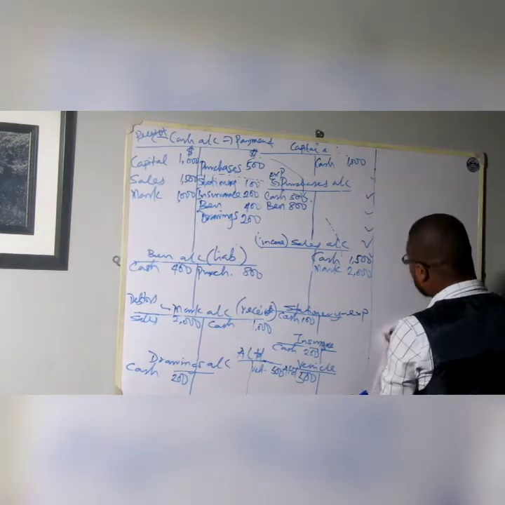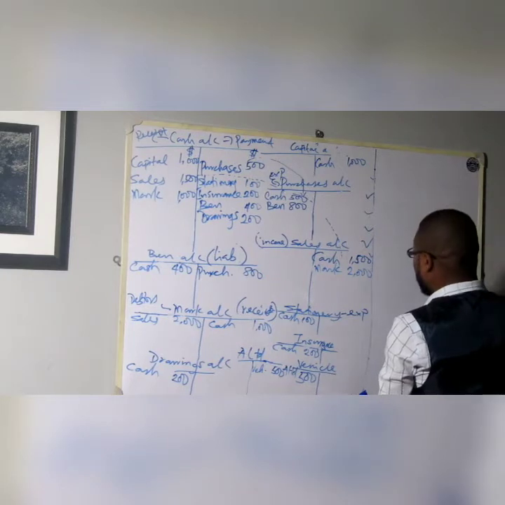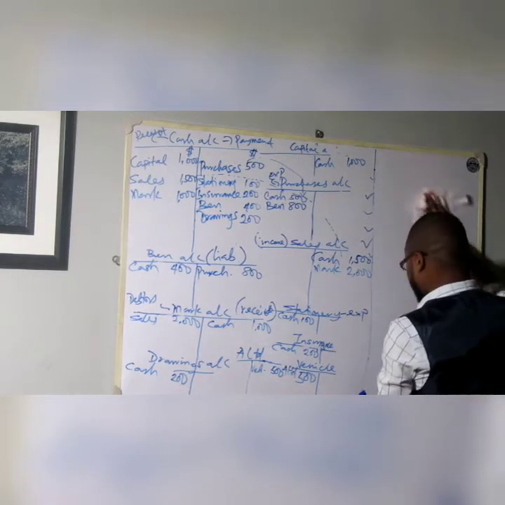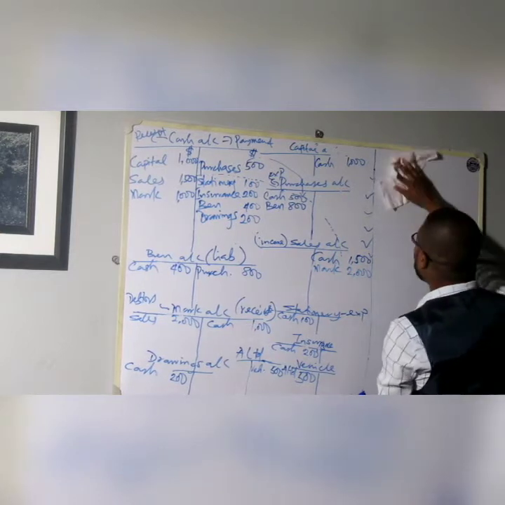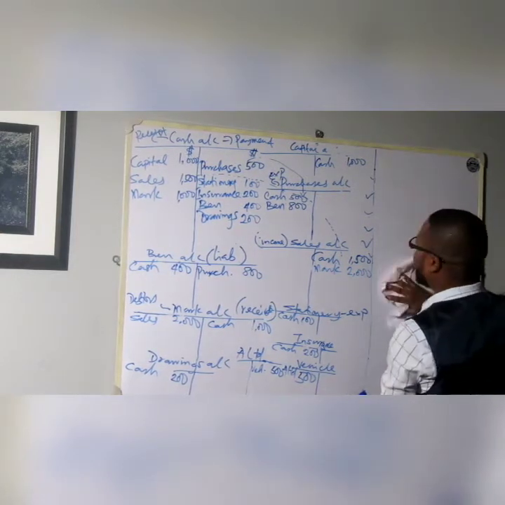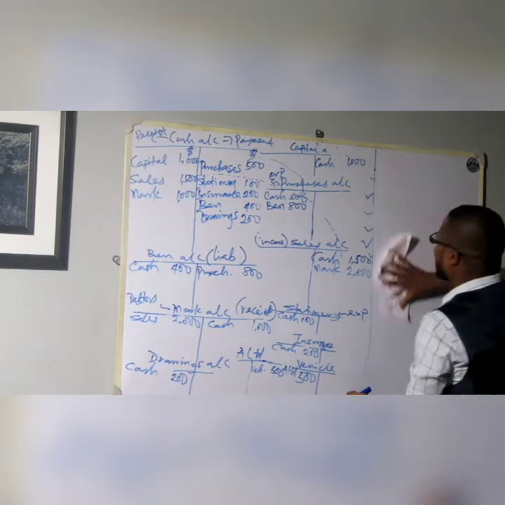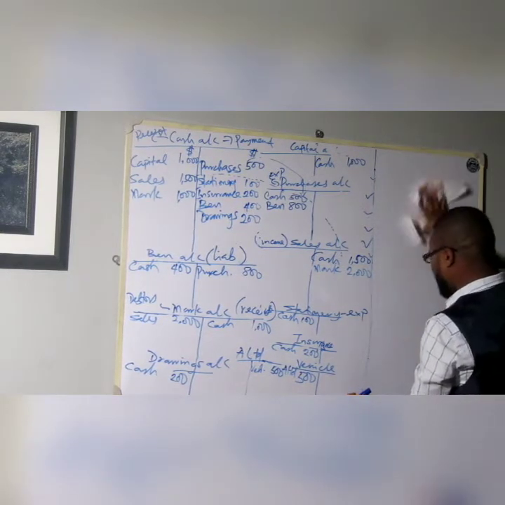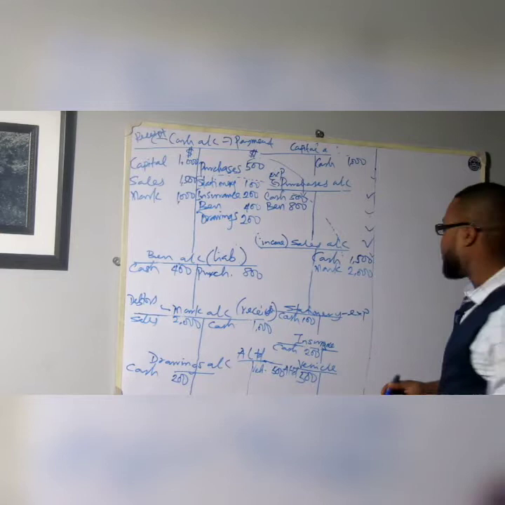It simply means that you must have a debit column and you must also have a credit column. As a reminder, this comes from the practical application of the double entry principle, which says that for every transaction in the business, you have to create two entries. One is on the debit side and the other is on the credit side.